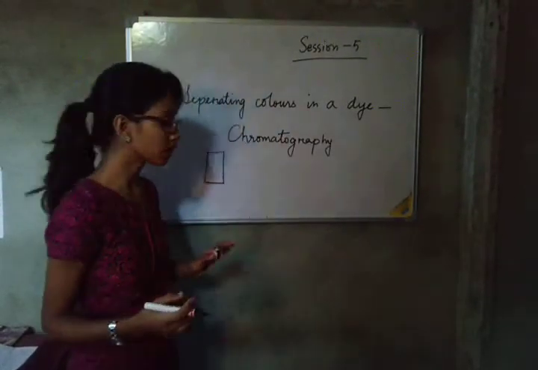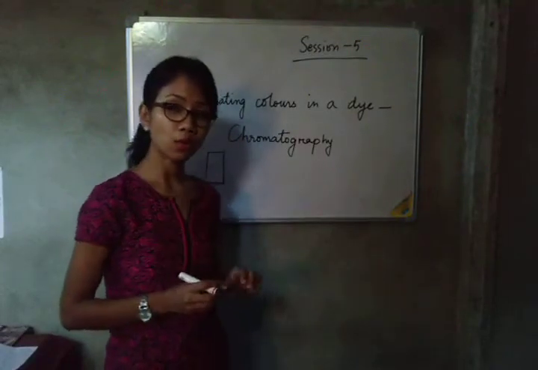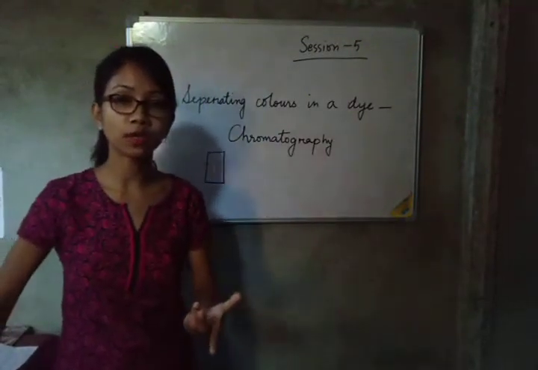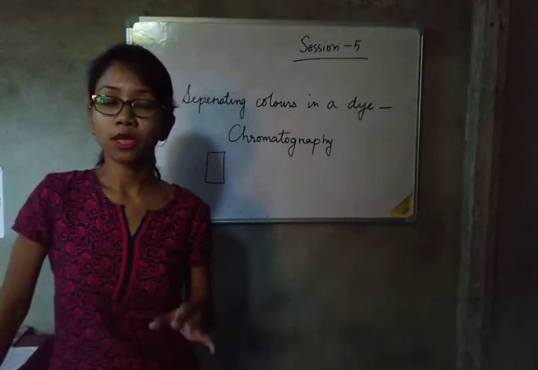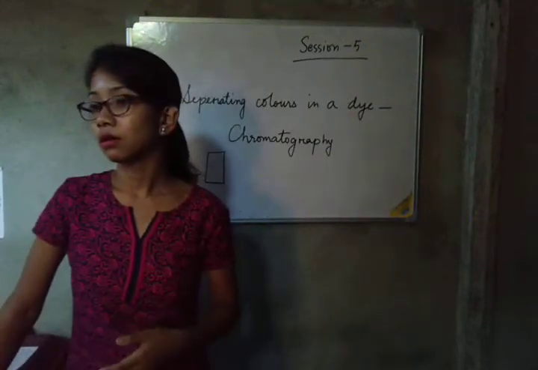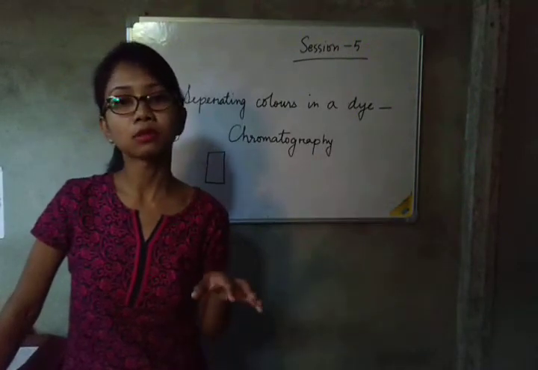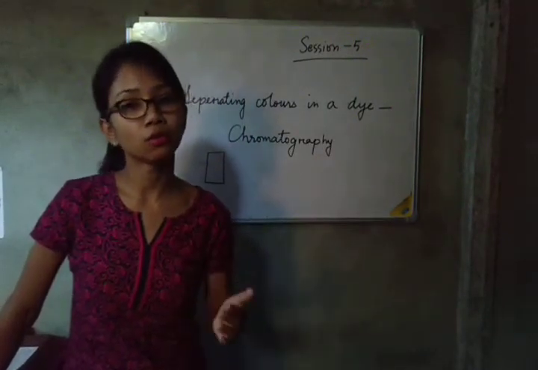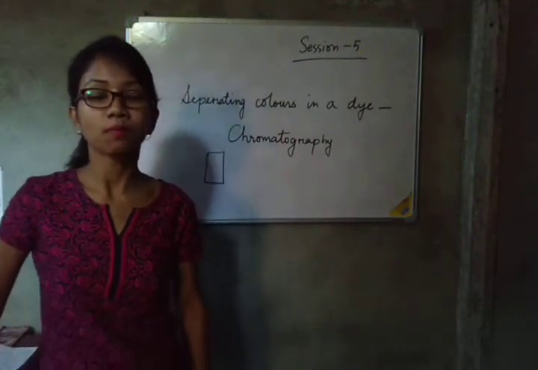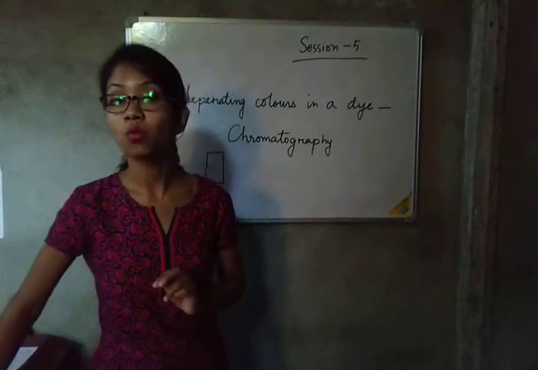One of the inks I am taking, and that ink is soluble in water, because I will take water as our solvent. Different kinds of solvents are there: alcohol, benzene, butane. But since it is the easily available, universal solvent, I am taking water. And the ink that I am taking should be soluble in water.